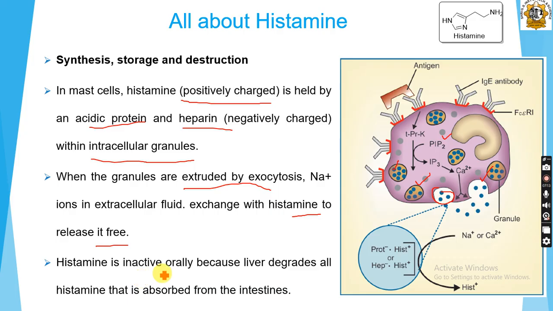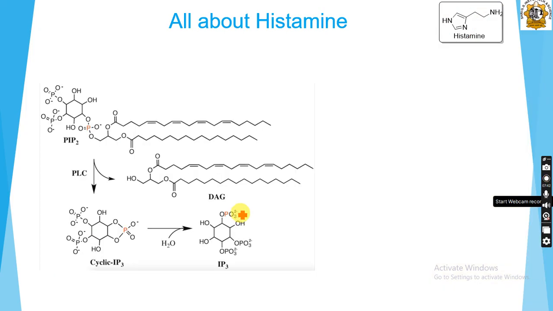Histamine is inactive orally because the liver degrades all the histamine that is absorbed from the intestine, because monoamine oxidase and methylase are available in our intestine, so it degrades. But it is released in the presence of any antigen, allergens, or antibodies. This is how it is synthesized and stored.